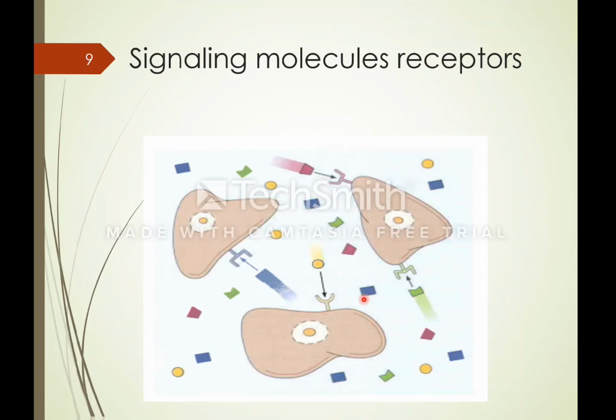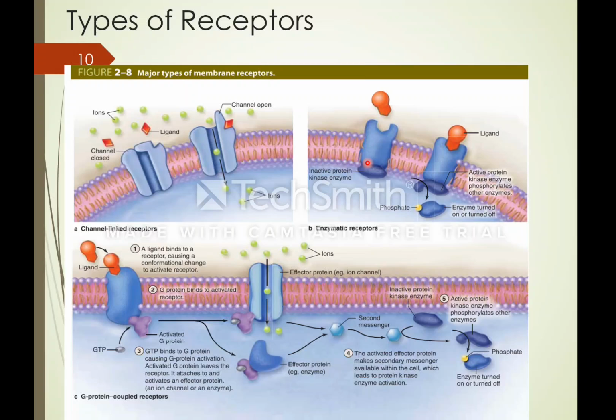Another subject in cell signaling is the signaling molecule receptors, the types of receptors, and how they do their function and activation. There are three types of receptors in the body. One type is named channel-linked receptors.